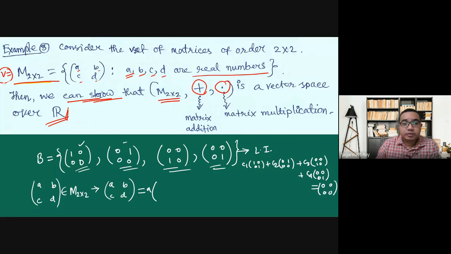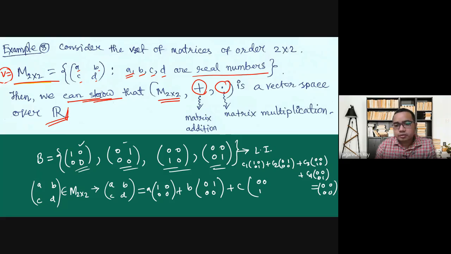In the matrix, A into the first, plus B into the second, plus C into the third, plus D into the fourth.